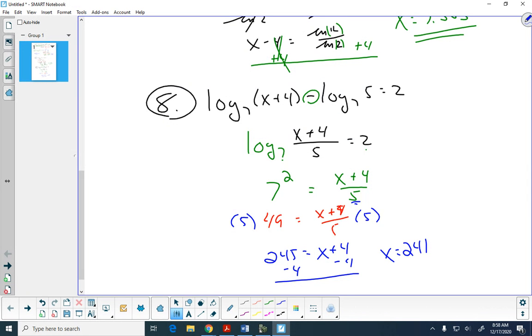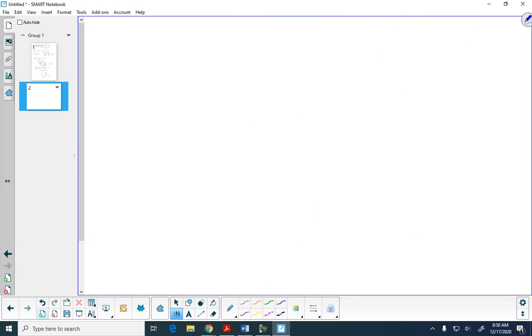Take a look at number 11. We have the ln of x squared y cubed over z.